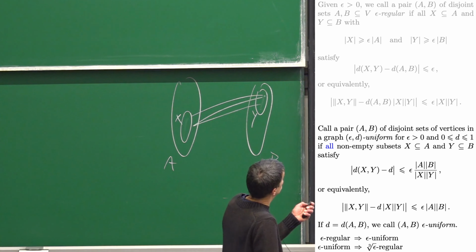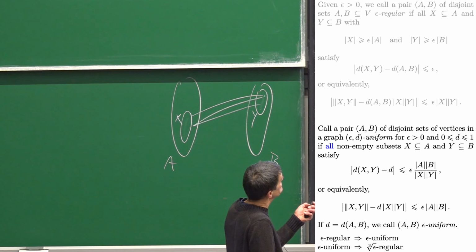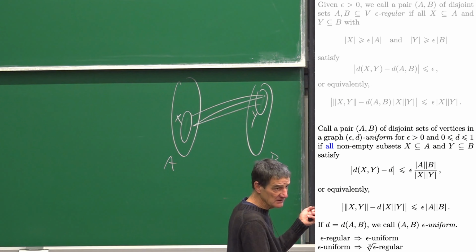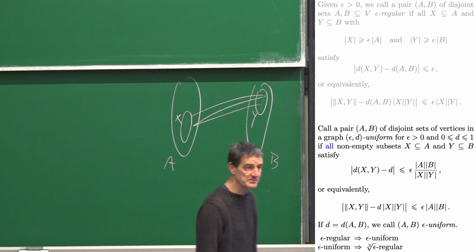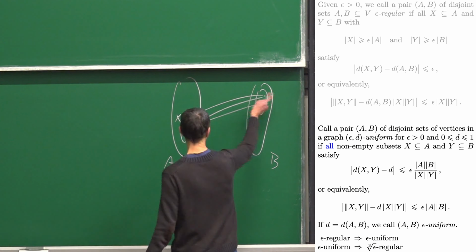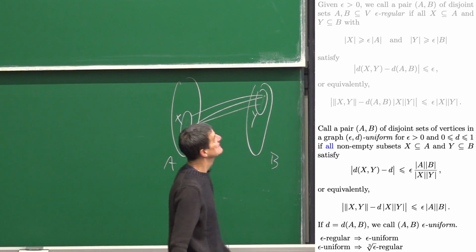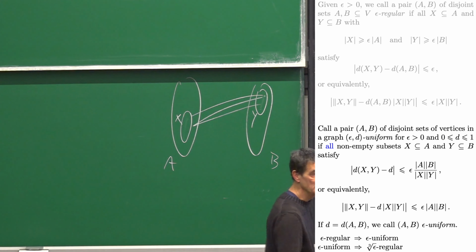So the density between X and Y should differ from the overall density d, which is the parameter given there in the definition, but you can think of it as the density of AB, by at most epsilon times something. It used to be epsilon, right? The densities should differ by no more than epsilon, the density between X and Y and the density between A and B should differ by no more than epsilon.